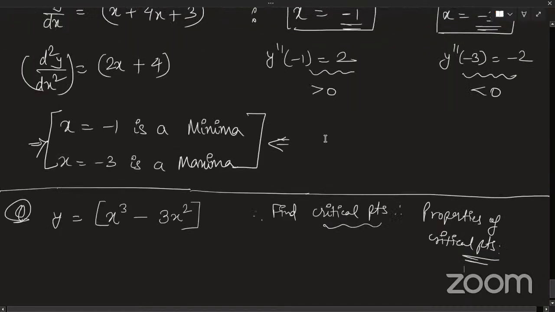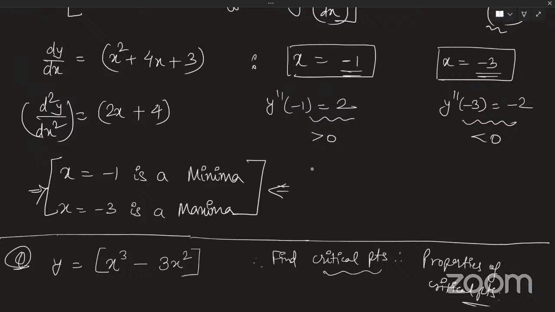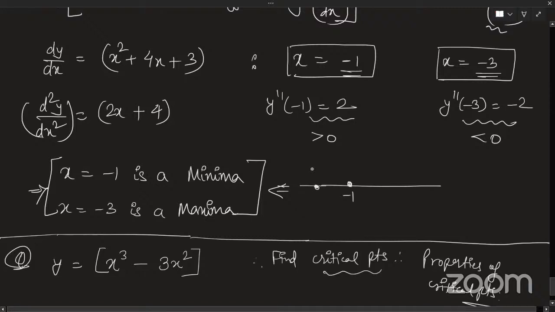Okay, and one thing also I had to tell you here. See, it is -1 and -3. So it's -3 here, something like this, it is -1.